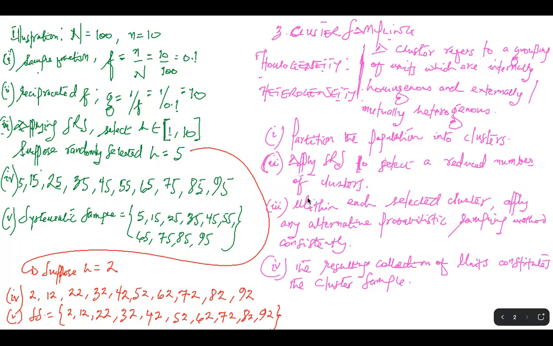And one of the most natural clusters are the faculties, because every student within the institution, and every member of staff, would belong to one faculty. So the faculties are internally homogeneous, but externally heterogeneous.